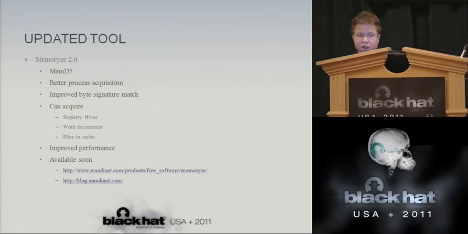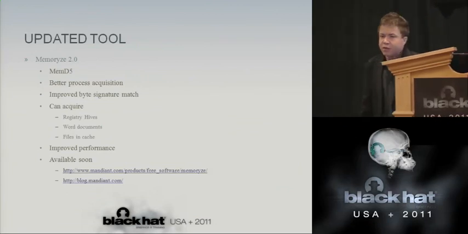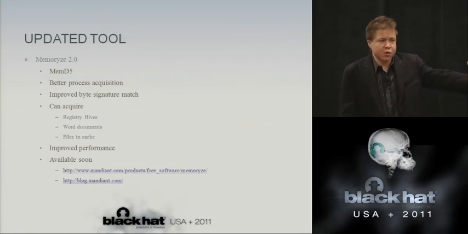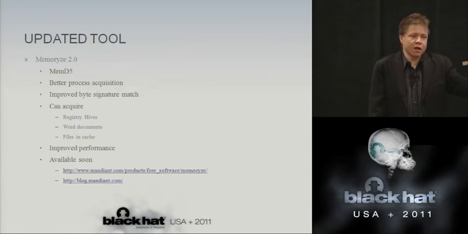So as I mentioned, there will be a release of Memorize 2.0 coming up in the next few weeks. We tried to get it in for your conference proceedings. We just ran into a couple bugs unrelated to this that we need to get ironed out before we could do the release. So look for that in the coming weeks.